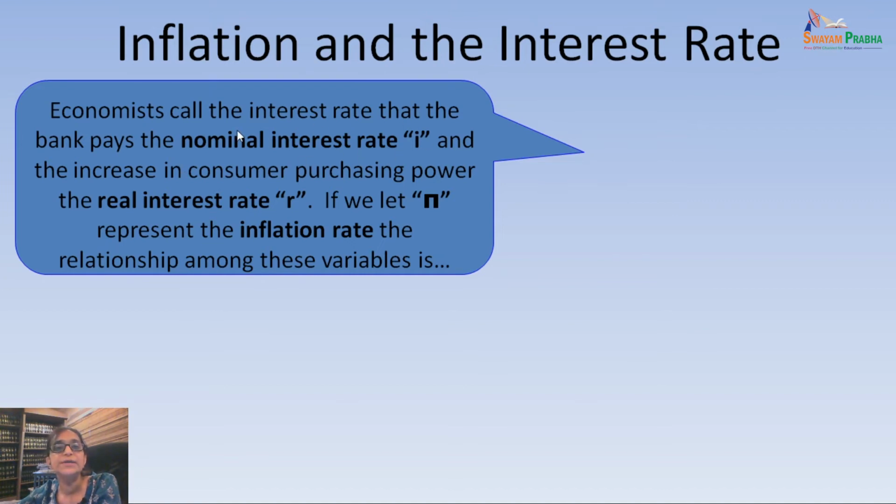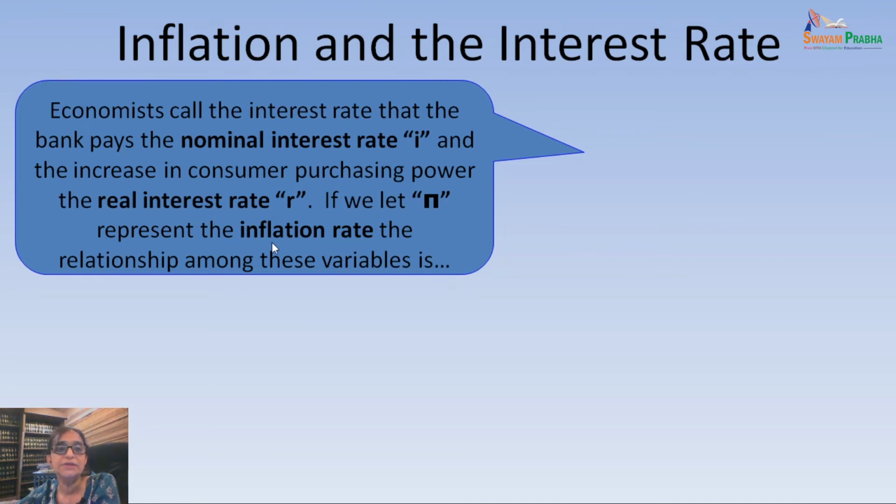Nominal interest rate is that which the bank is paying you if you go to the bank and deposit any sum of money. Inflation rate is the increase in prices which we see every day, which we read in the papers, that is the rate of inflation. We all know that inflation reduces the value of money.